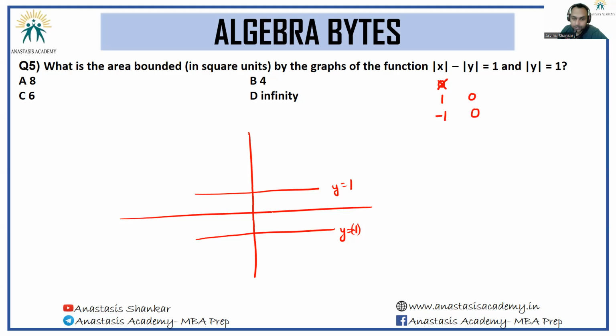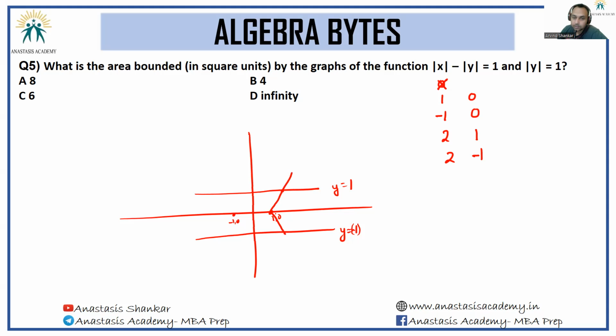Can I say I've identified 2 points? 1, 0 and minus 1, 0. Now, if I took x to be 2, y could be 1 or minus 1. So at x equal to 2, y could be 1 or minus 1.